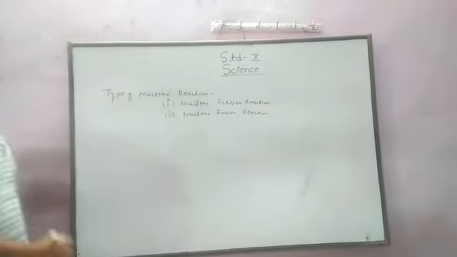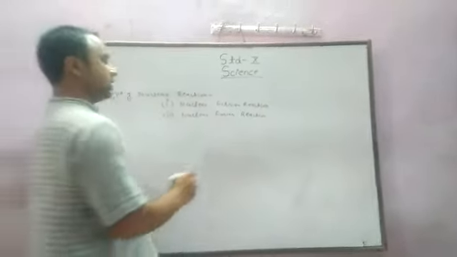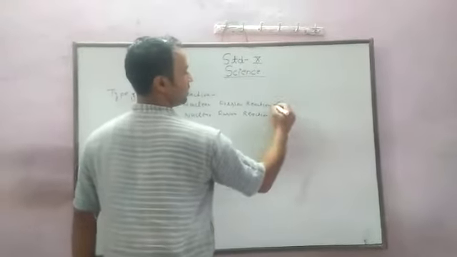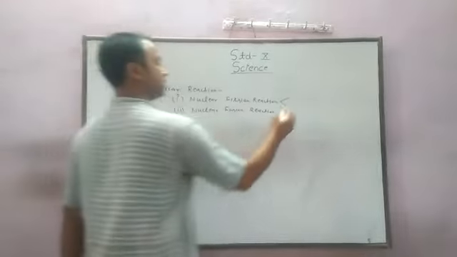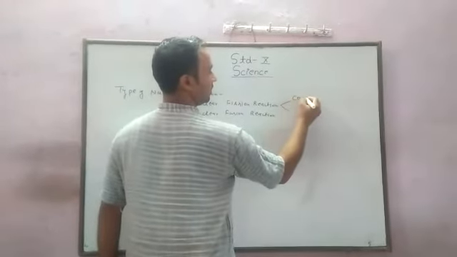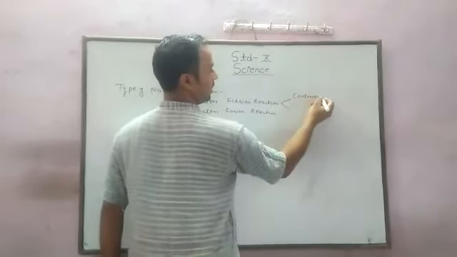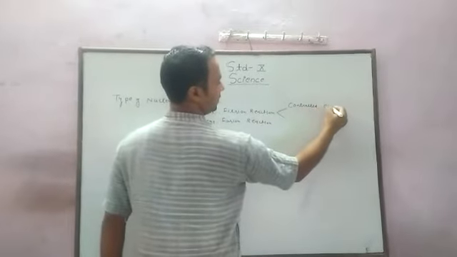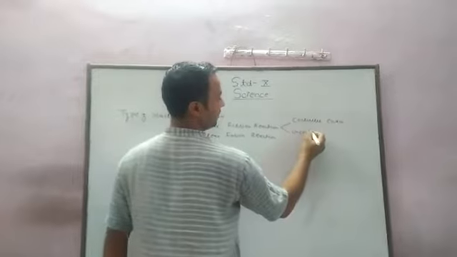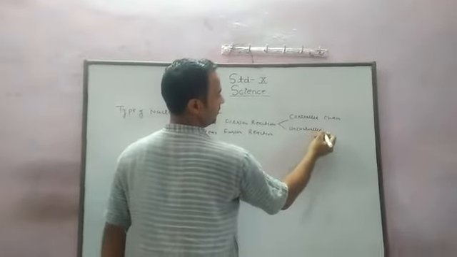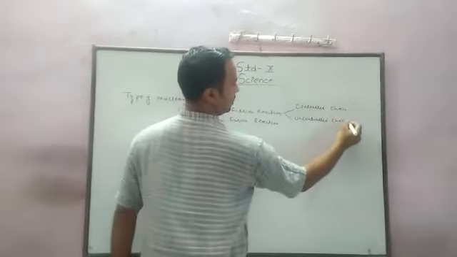The nuclear fission reaction is also of two types: controlled chain reaction and uncontrolled chain reaction.